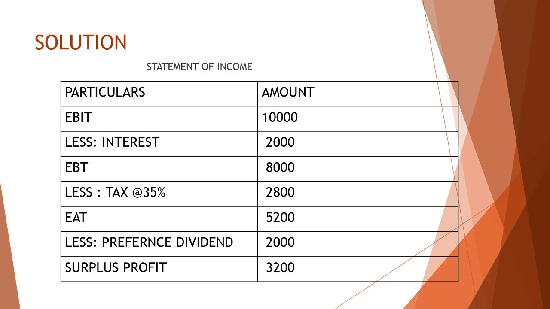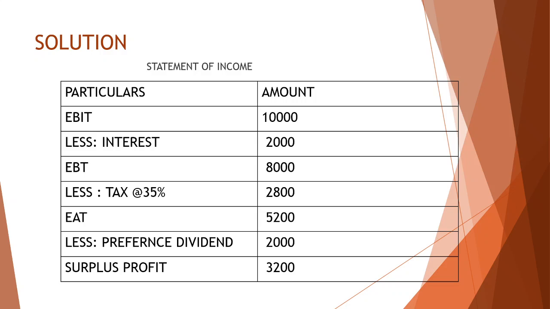So earnings before tax is equal to 10,000 minus 2,000, which is equal to 8,000. Less tax at 35%. 8,000 rupees multiplied with 35%, we get 2,800. So earnings after tax is equal to 8,000 minus 2,800, 5,200 rupees.